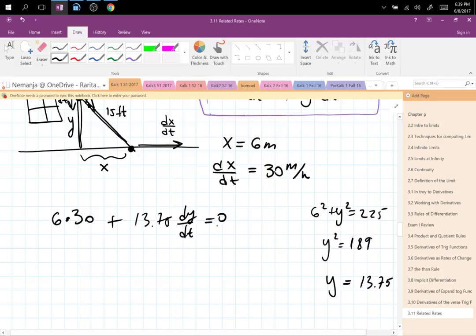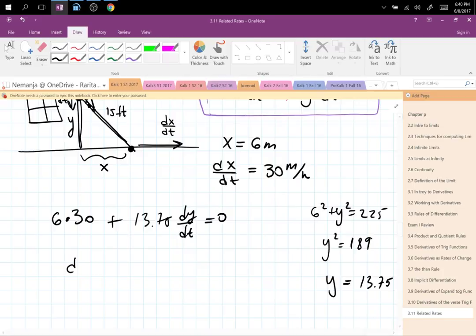You see how dy dt is the only unknown variable here. And all you need to do is to now go 180 divided by 13.75. You are going to get about 30 something.